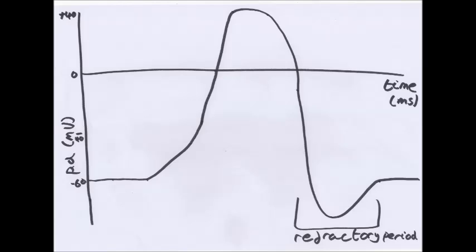Now, action potentials have something called all or nothing. This means that they will either have a depolarization which is large enough to reach the threshold potential, so you'll get the depolarization which reaches plus 40 millivolts, so an action potential will occur, or it will not. You won't have a kind of half action potential. It won't just do some of it.